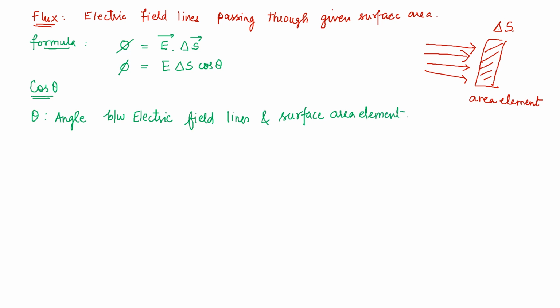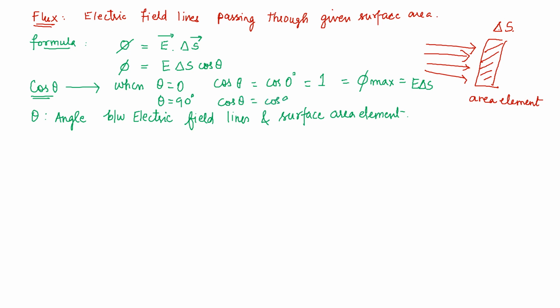So there are cases when theta equals 0, cos theta will become cos 0 and cos 0's value is 1. So it will give us maximum flux, xi max, that is E del S. When theta equals 90 degrees, cos theta will become cos 90 degrees.